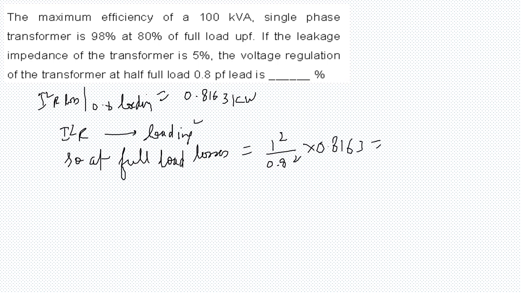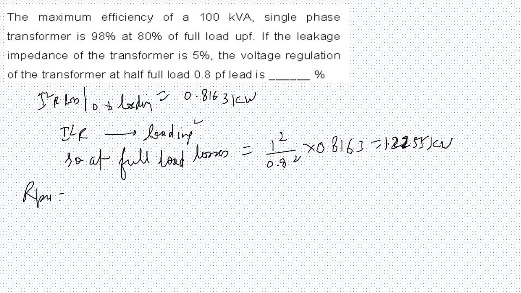Now if you calculate this, it comes out to be 1.2755 kilowatt. So this is what you will get at full load. Now we have the full load losses, so we can calculate R per unit.